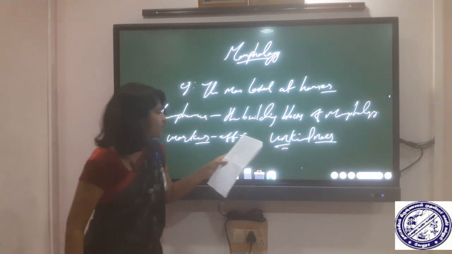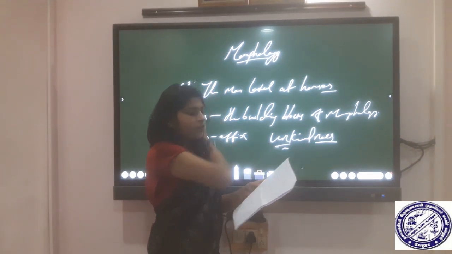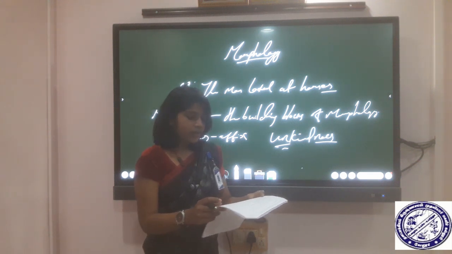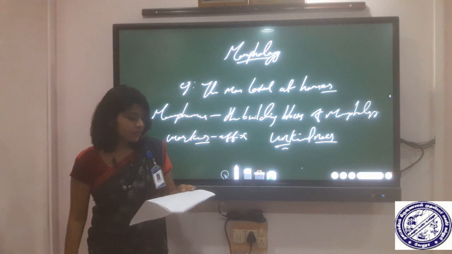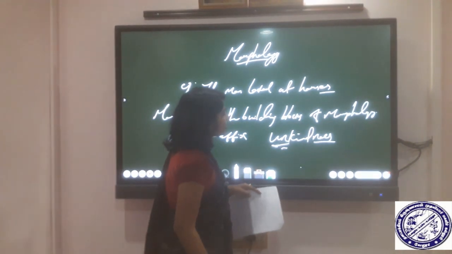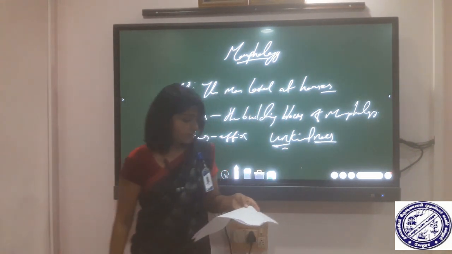Here, un and ness are bound morphemes, also called affixes, as they are attached to the stem. There are two types: prefix and suffix. Front of the base, un, is called a prefix, and end of the base, ness, is called a suffix.